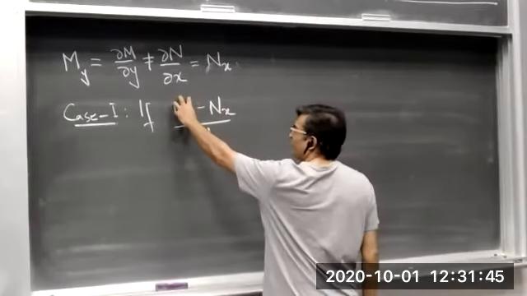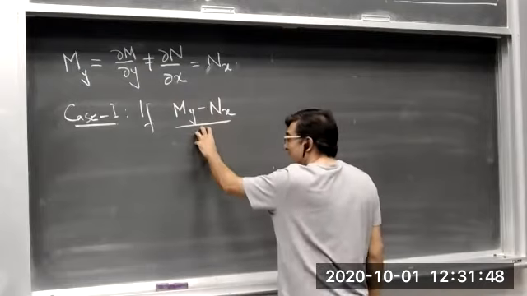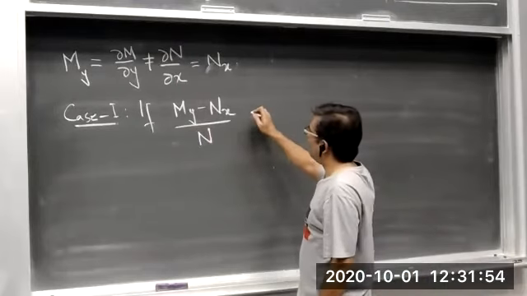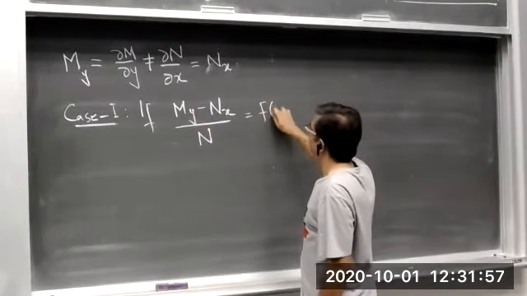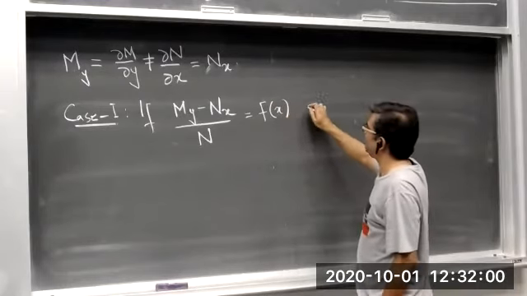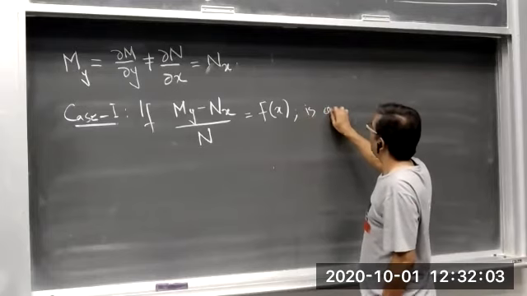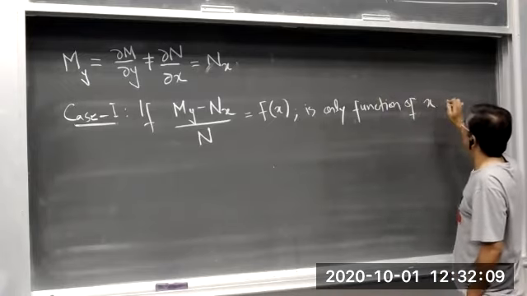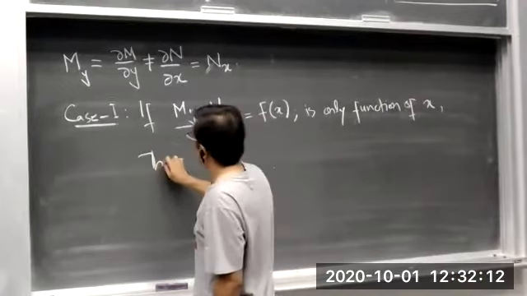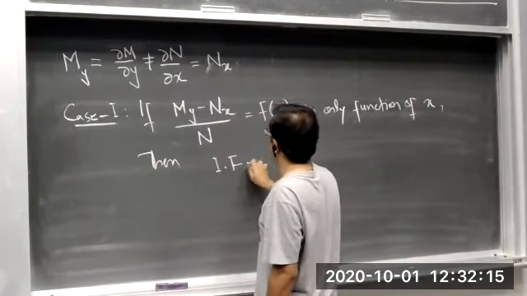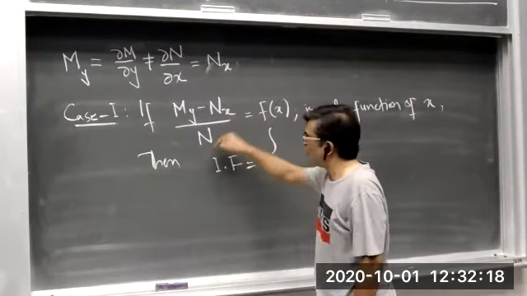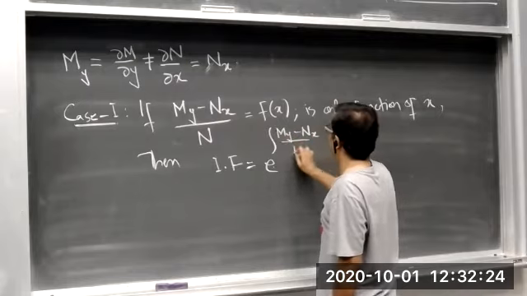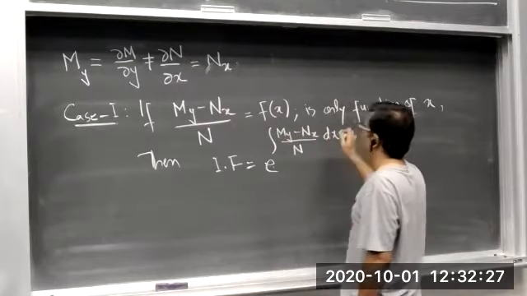We have the value of M_y, we have the value of N_x, we have the value of N. If this fraction, or you can say the quotient, is only a function of x, then the integrating factor in this case will be e raised to the power integral of this whole thing, or you can write it as f of x, (M_y minus N_x) divided by N, dx.